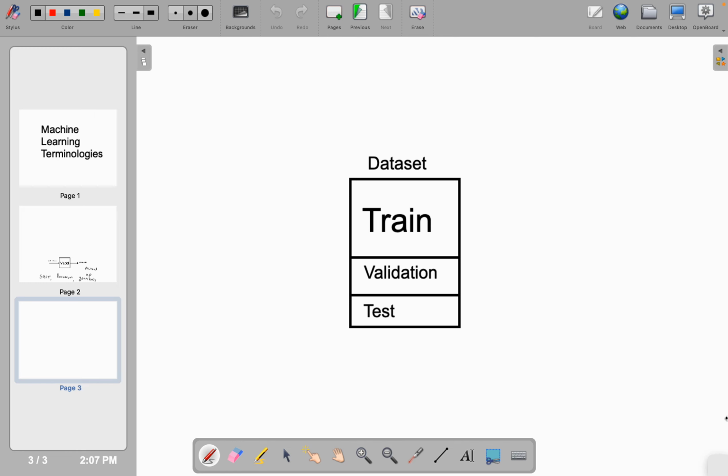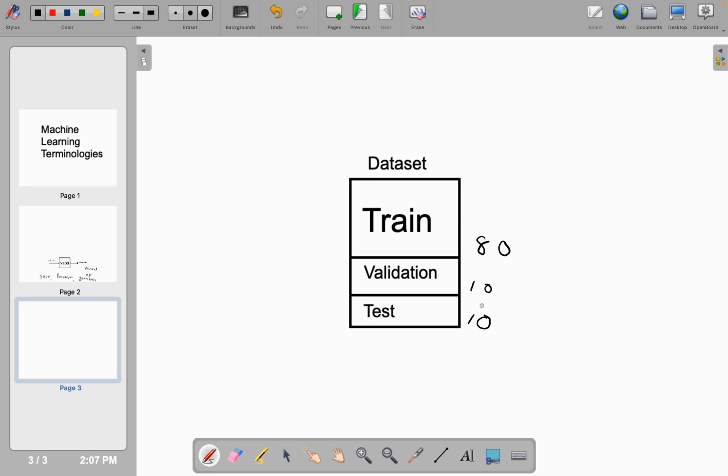The training set is a subset of our data set from which the model can learn the patterns and generalize them, right? In this scenario, you can see we have the whole data set and we are dividing it, let's say, training set is 80%, validation is 10%, and test set is also 10%, right?